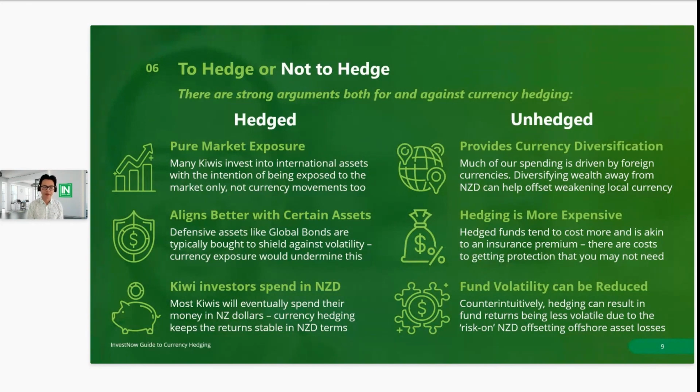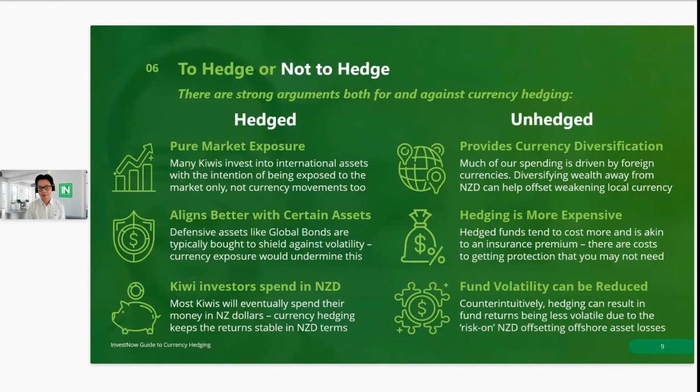And finally, and counterintuitively, going unhedged can actually reduce some of the volatility in your fund. The reason is that a lot of overseas assets are denominated in US dollar terms, which is the global safe haven currency. So when a war breaks out or there are some very volatile happenings in the market, usually people will start fleeing to the US dollar.